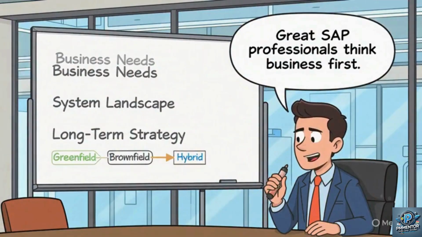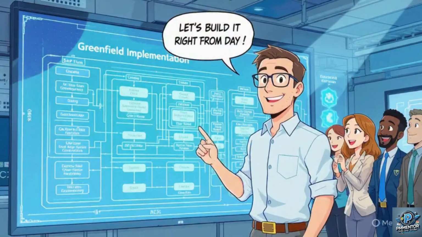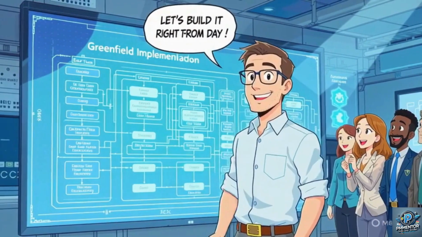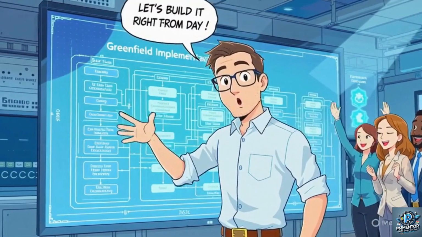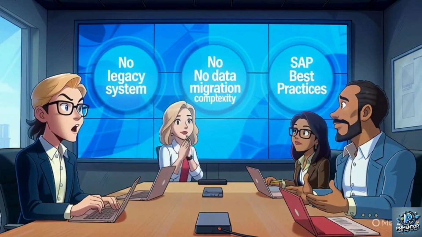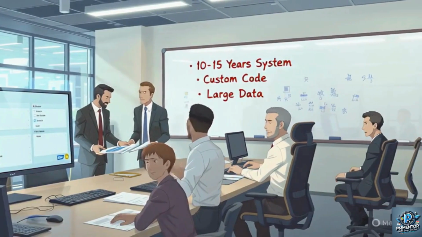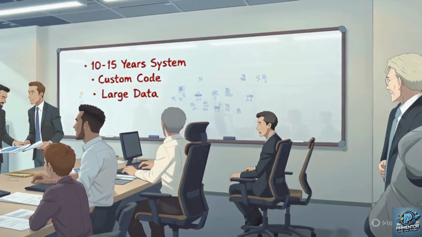They don't have any existing SAP landscape. In this case, the best approach is Greenfield implementation. Why? Because they have nothing to migrate, nothing to protect, and they want to build a strong, scalable system from day one using SAP best practices.